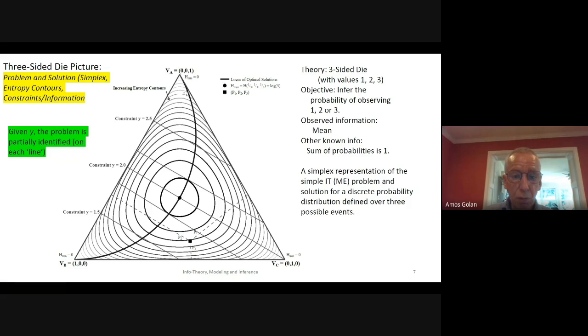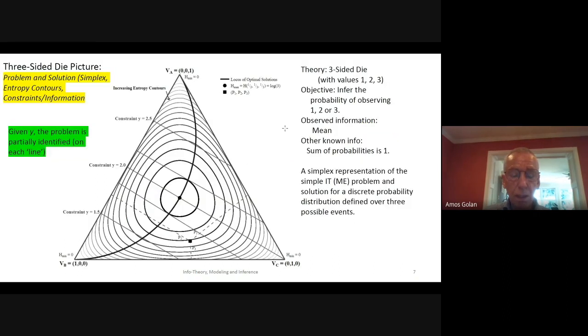So the optimal solution falls on this locus of optimal solutions. For this specific problem, it cannot be outside here. And when I say optimal, I mean optimal under Shannon entropy. I will show other examples later on when, of course, the solution will be different, because you have a different decision function. It will choose a different point. So this is the basic idea.